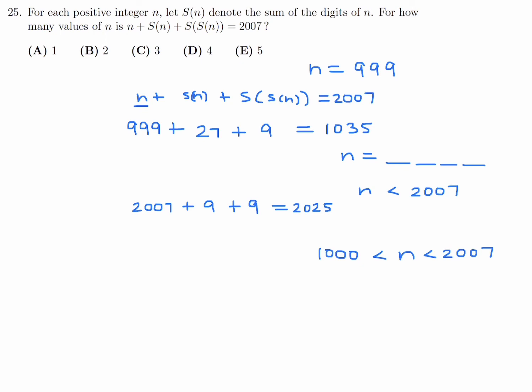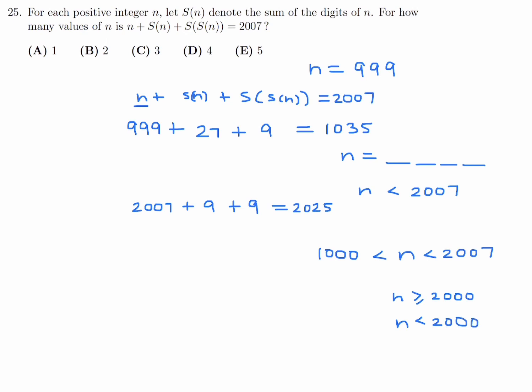Now that's a very big range, and I certainly don't have time to go through every single value, nor would you want to do that. But I can do a little bit of experimentation and break this down into cases. The first is if n is greater than or equal to 2,000, and then I'll look at values that are less than 2,000.